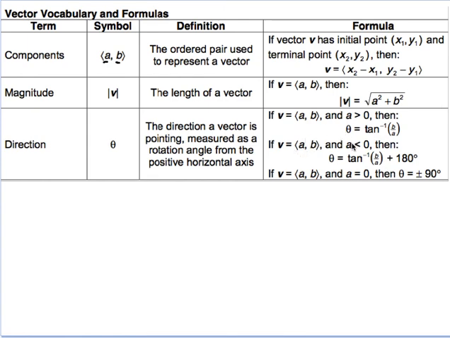But sometimes, if they're both positive, if we're here, then we can just do inverse tangent of b over a, and we'll get the right information. But what if we have a negative x value?